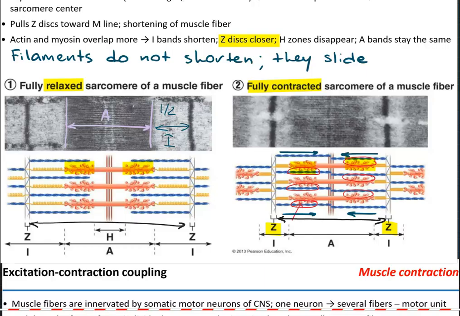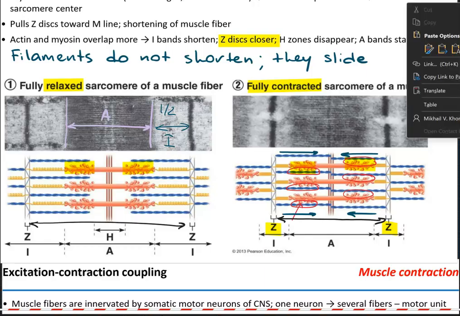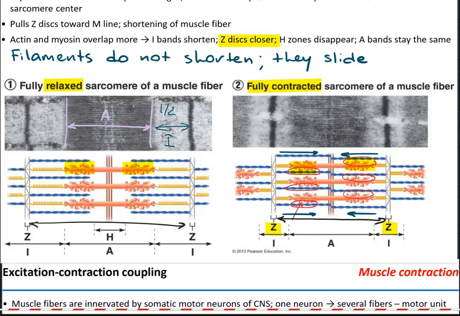Okay? The sarcomere becomes shorter, obviously. I bands also shorten. But A bands stay the same, because what determines the width of the A band? The length of a thick filament, and its length doesn't change.